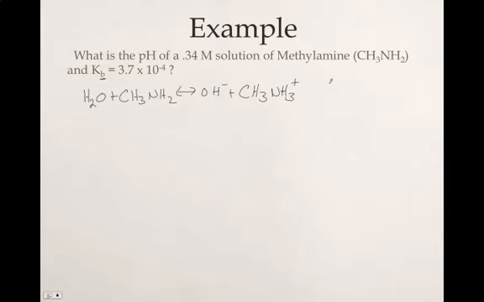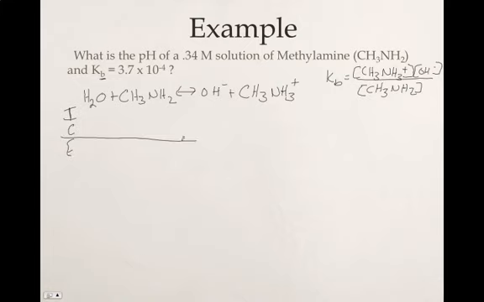Okay, and then our Kb expression is going to be CH3NH3 plus times OH minus all over CH3NH2. And we do an ICE table. Because, as we said before, water is a pure liquid, we're not going to look at it at all.